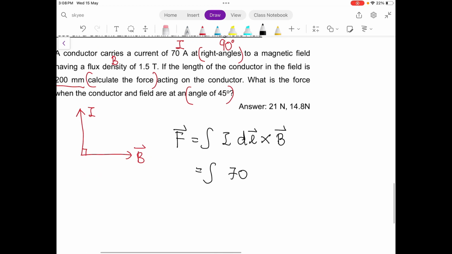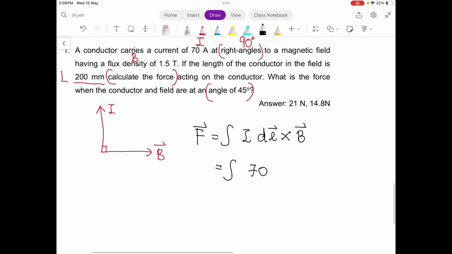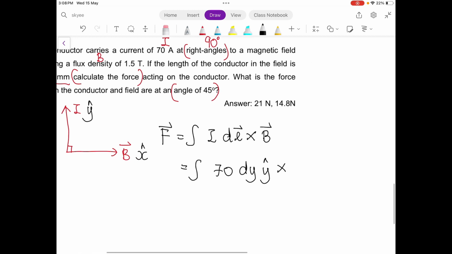For example, I assume this I is in the y direction. And B is at 90 degrees of angle difference with the I, so I assume B is in the x direction, 1.5 in the x direction.